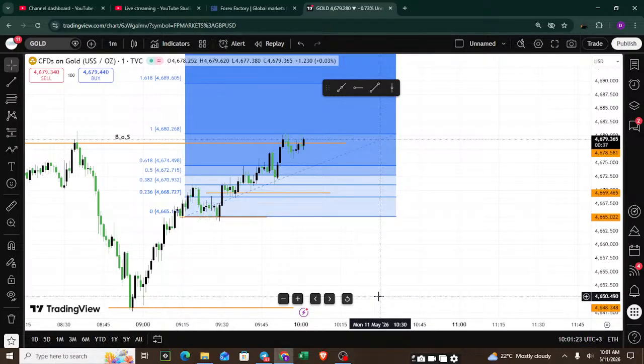Because if you don't have rules, now you begin making your own rules inside the market. That is what you usually do. You begin by saying, okay, let me adjust this stop loss because this trade looks like it's going to give me profits. But remember, you have invented that rule in the live market.